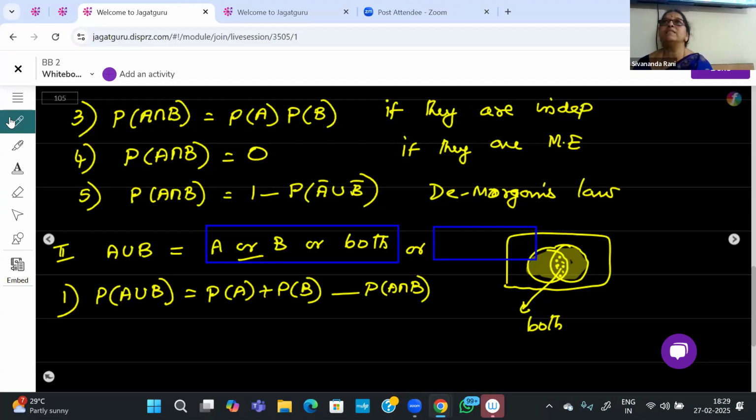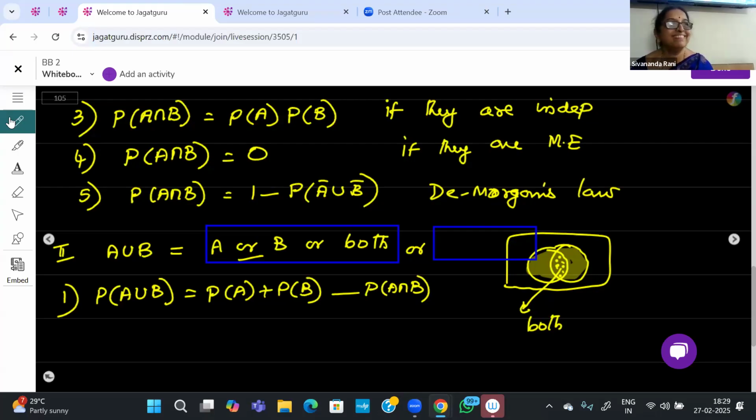They don't ask you like this, find the probability of A or B or both. That's not the way they pose the problem. They ask you something else. Let me see who recalls. It's a very important terminology.